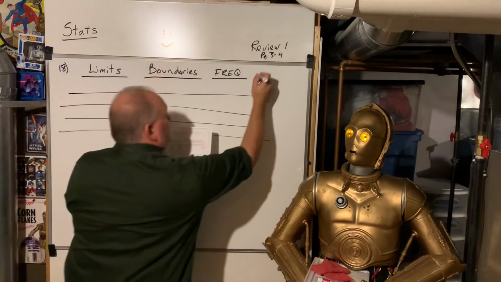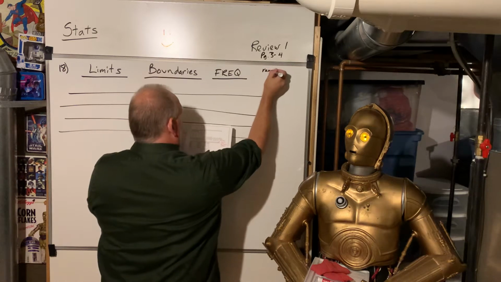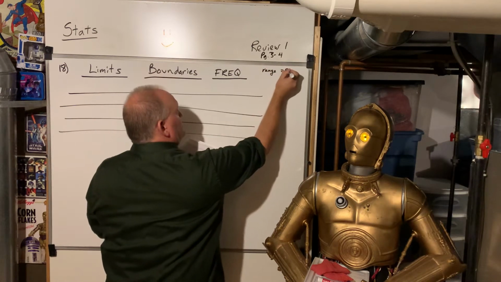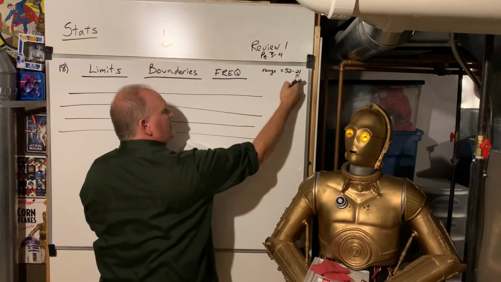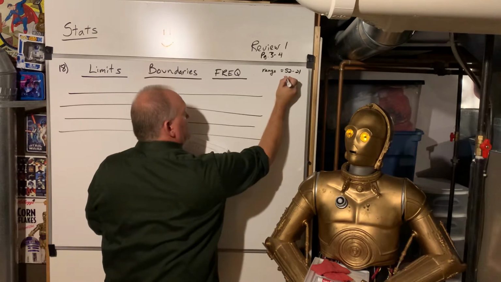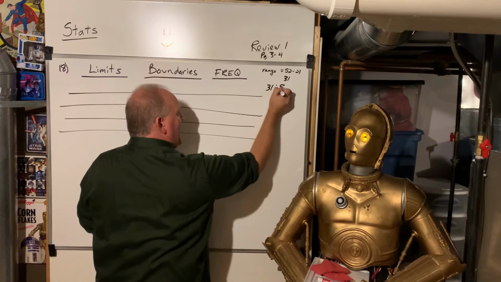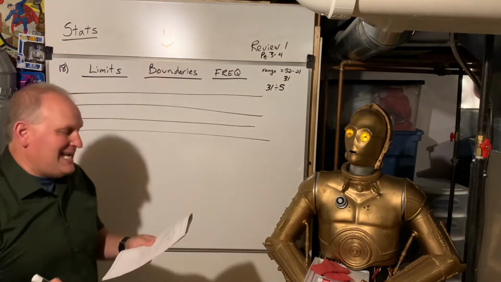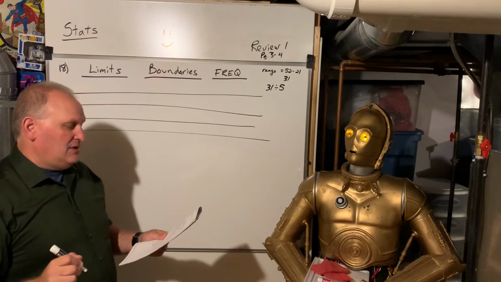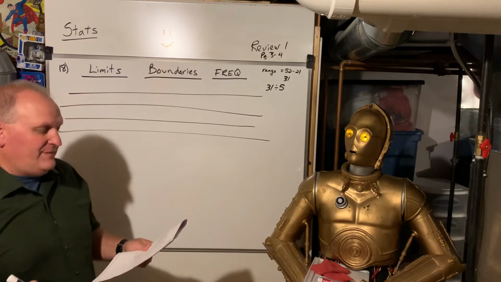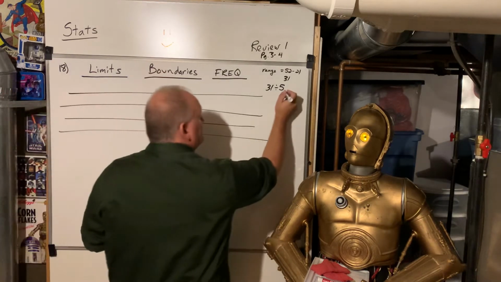First you find the range, and the range is 52 minus 21, the biggest piece of data minus the smallest piece of data. So that's 31. We then take the 31 and divide it by 5 because they want it in 5 classes. All right, so divide out the 5, we get 6.2.